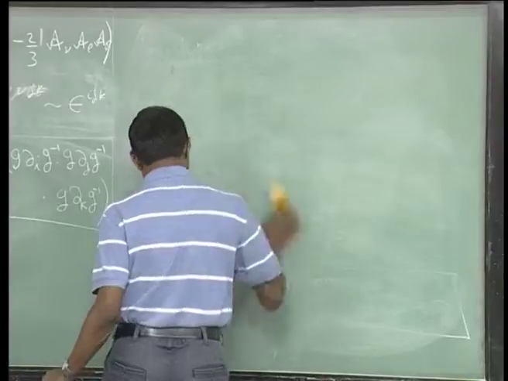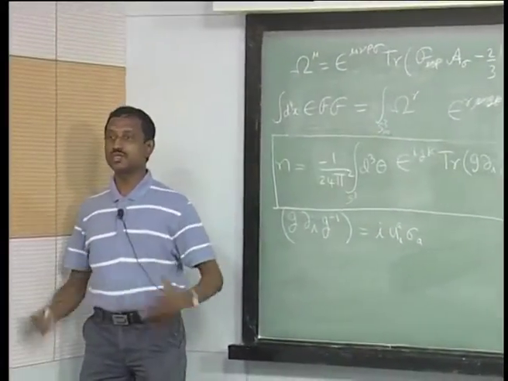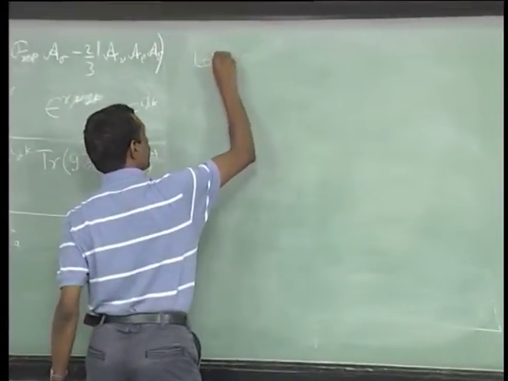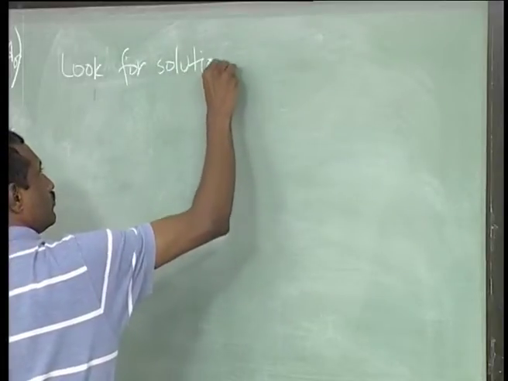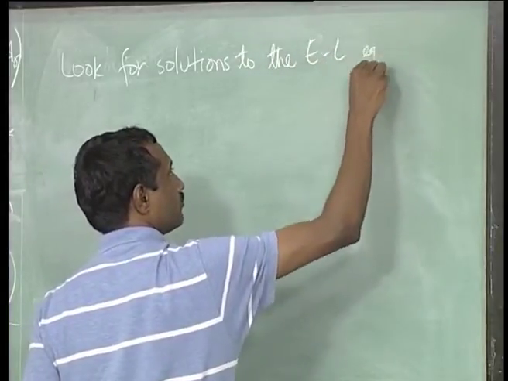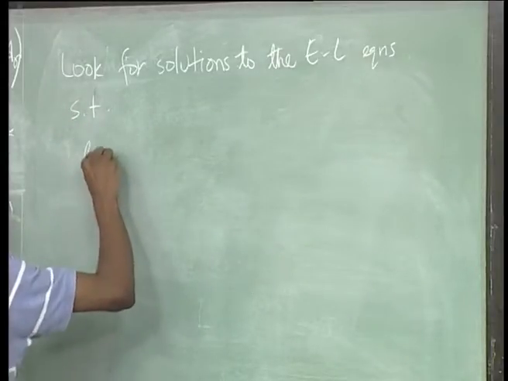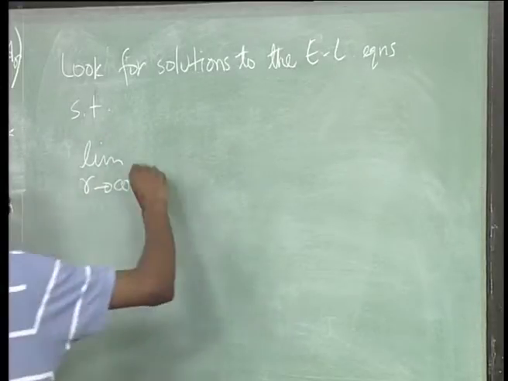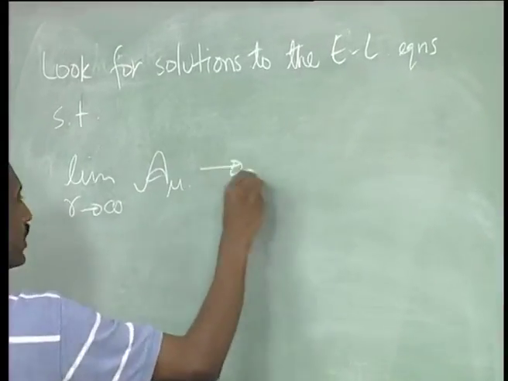So the question is now, what we would like to do is to ask, can we find the general solution? What we want to do is to look for solutions to the Euler-Lagrange equations of motion such that the limit r tends to infinity of A mu goes to pure gauge.